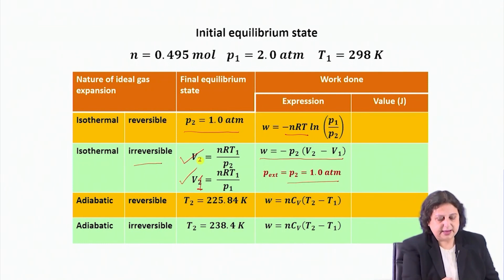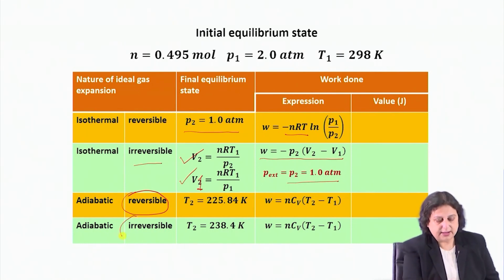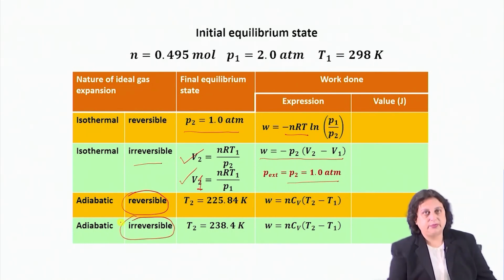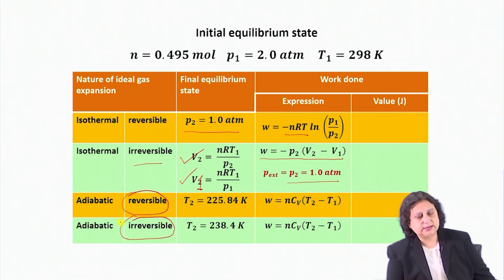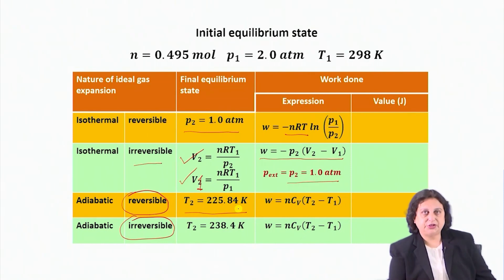When I am doing the adiabatic expansion, I can either do it in a reversible way or in an irreversible way. What would be the difference? If I start from the same initial equilibrium state and follow a reversible path, I would arrive at this temperature.